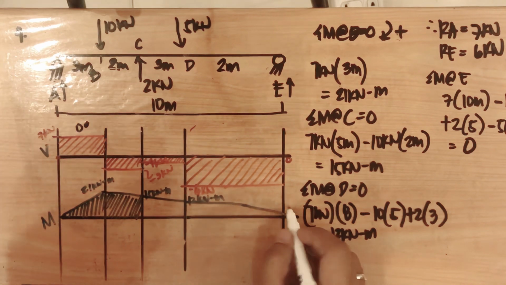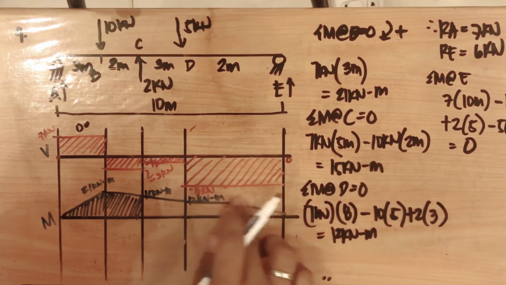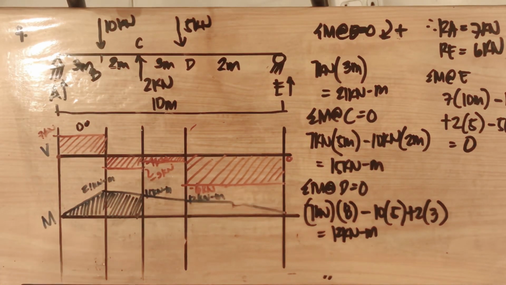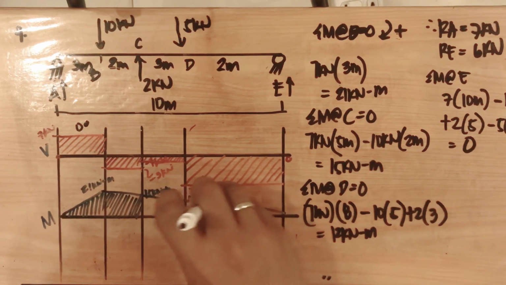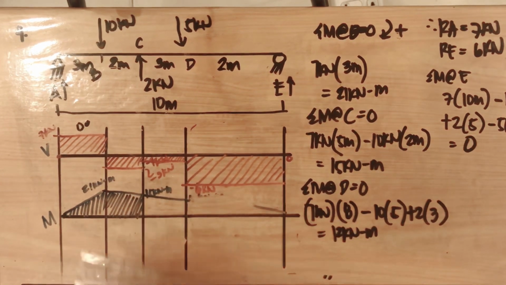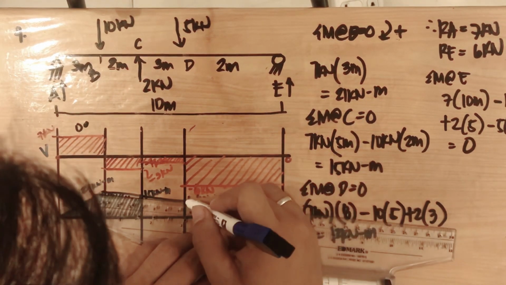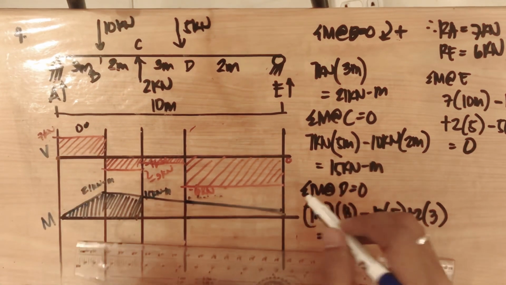So ayan. So 12 kilonewton per meter naging 0 na.